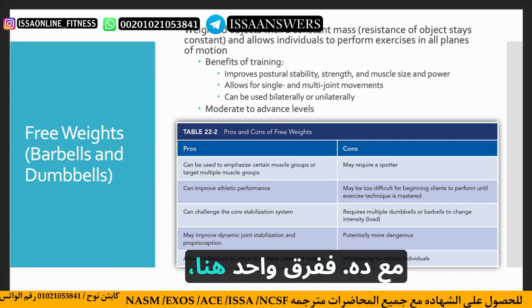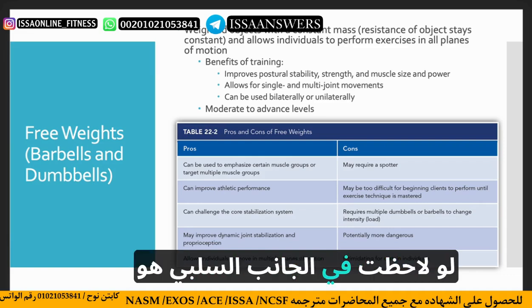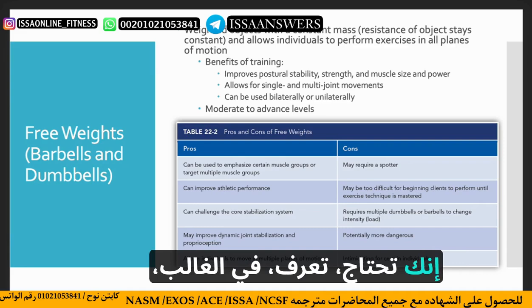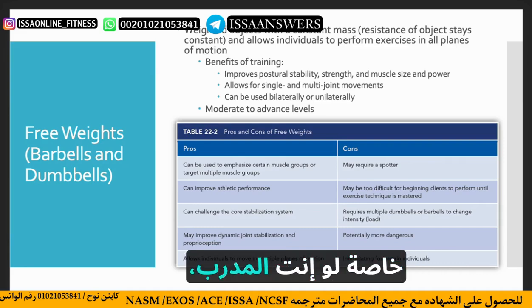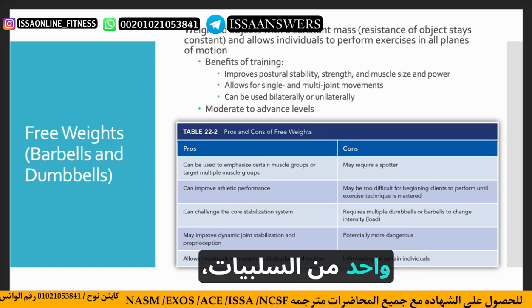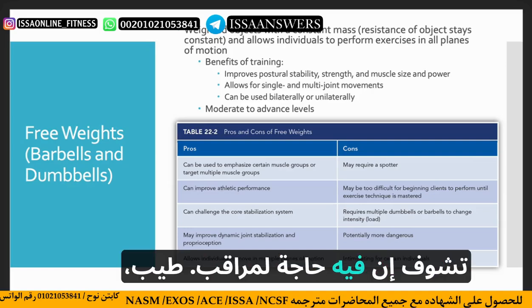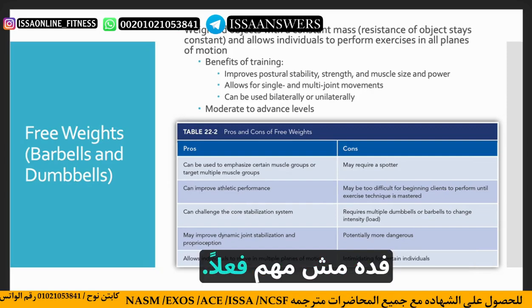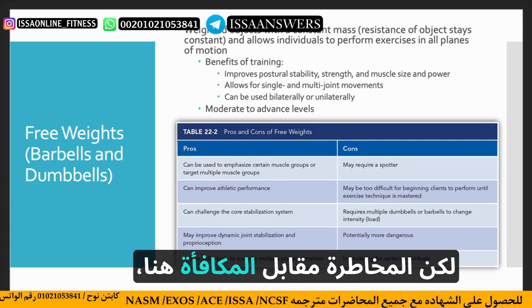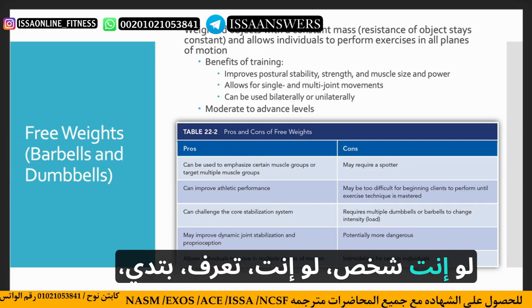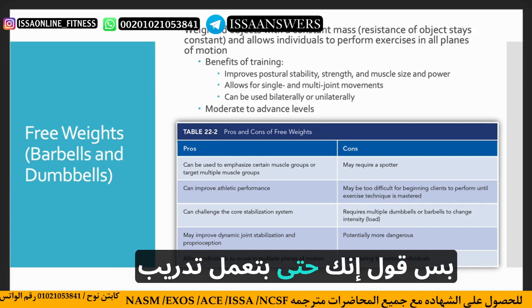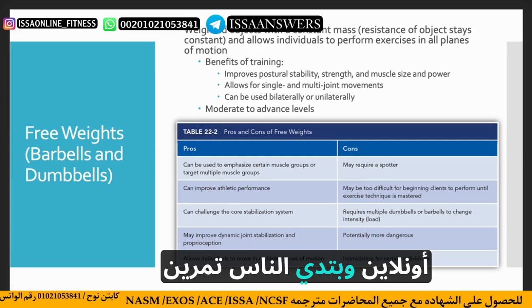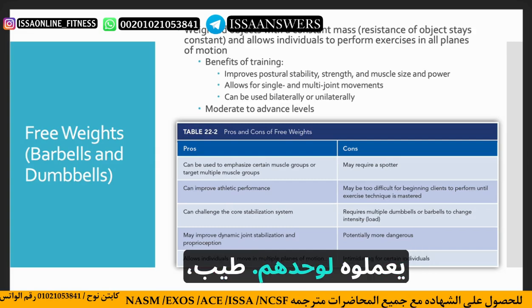One difference here, if you notice on the con side, is the requirement of a spotter. Well, if you're the trainer, you're the spotter, so that doesn't really matter. But consider the risk versus reward: say you do online training and you're giving people a workout to do on their own.